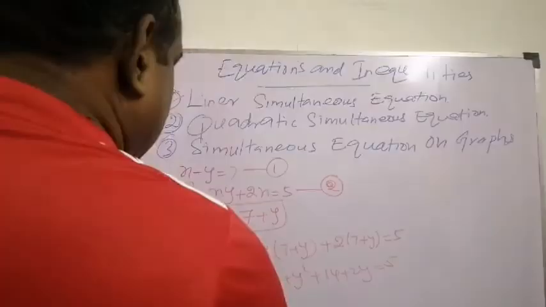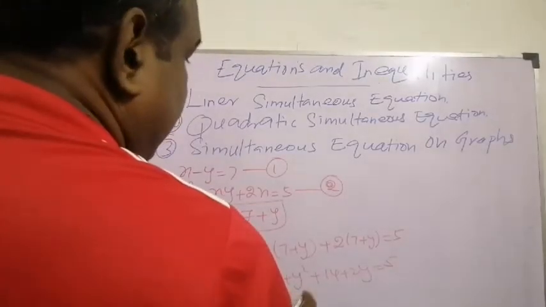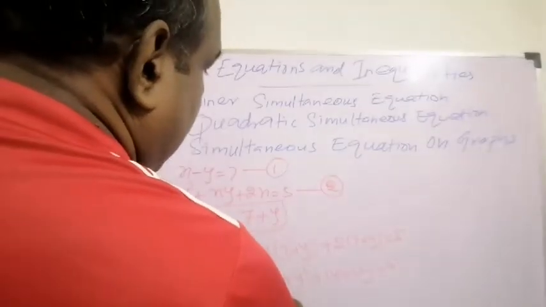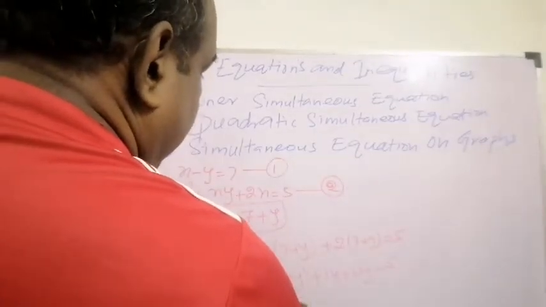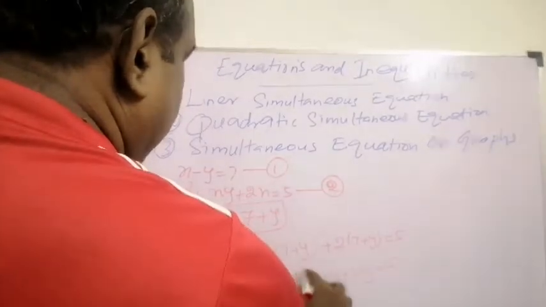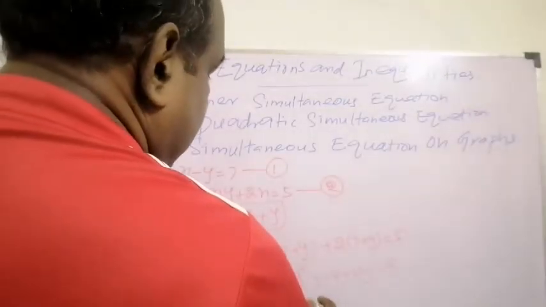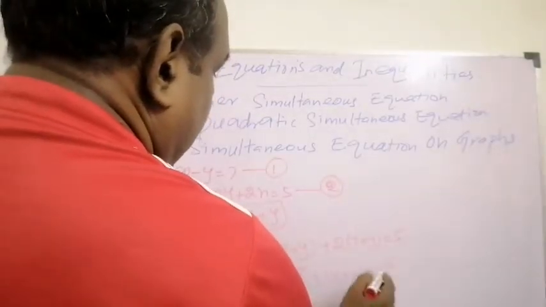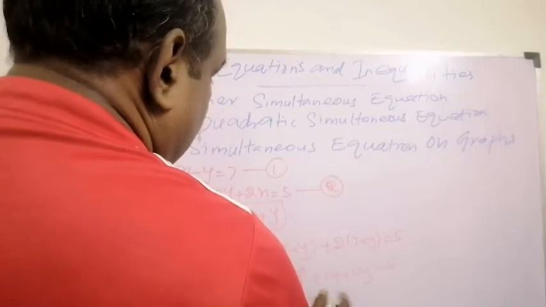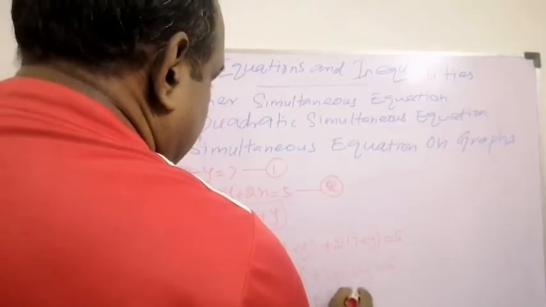Y squared and y squared make 2y squared, 7y and 2y make 9y, and 14 minus 5 is 9, all equal to 0.